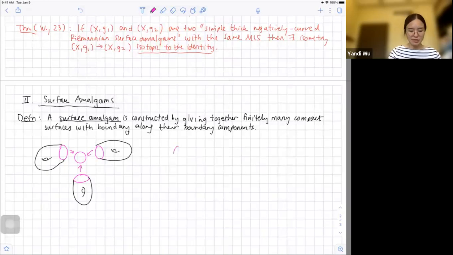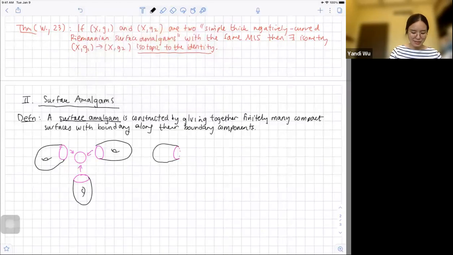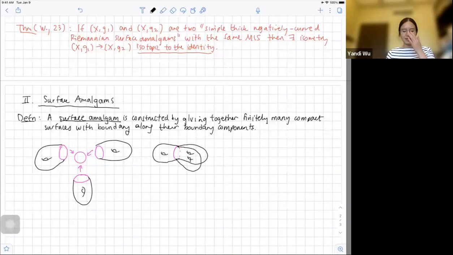If I glue 2 of the tori together, I get a genus 2 surface. Then I can glue a third one on top, so I no longer have an object that's a manifold. So this is a surface amalgam.